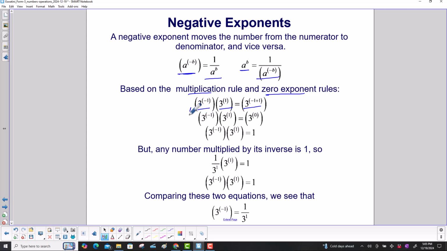We repeat the left side of the equation, and we get 3 to the 0 over here, indicating that 3 to the negative 1 times 3 to the 1 is equal to 1. But any number multiplied by its inverse is 1. So 1 over 3 to the 1 times 3 to the 1 is 1, which means 3 to the negative 1 times 3 to the 1 is also 1. We compare those two equations, and we get 3 to the negative 1 is equal to 1 over 3 to the 1.